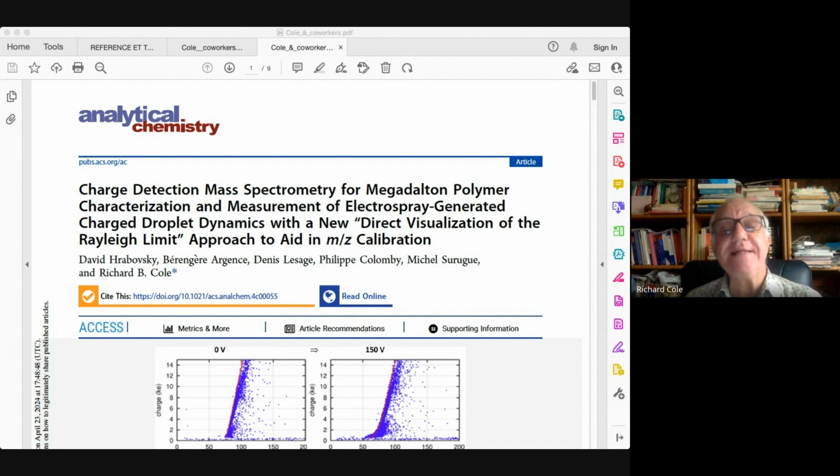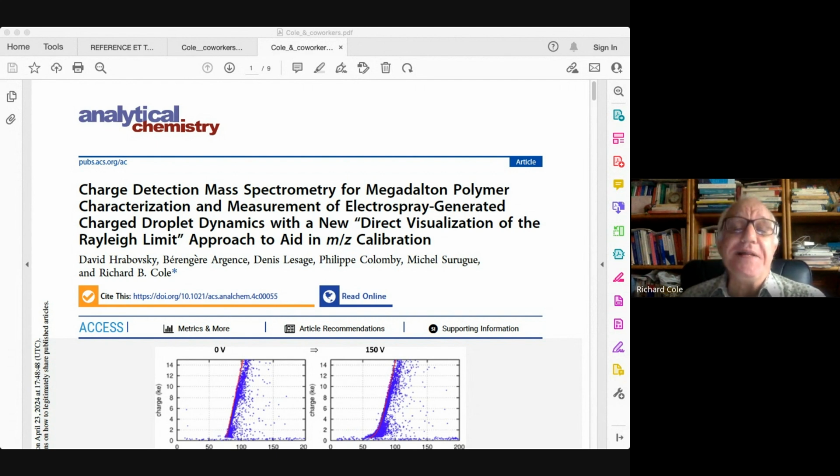I'm going to be presenting a paper that was just published in Analytical Chemistry, and it's about our charge detection work. We've built a homemade instrument, and we've used it for Megadalton polymer characterization, which is why I got invited.